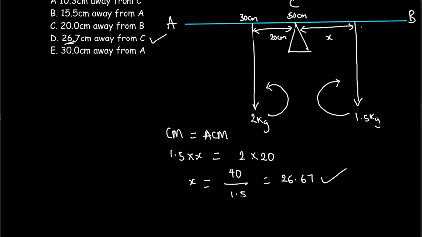Or we can say 50 minus 26.7, which is 23.3 cm away from point B, or as we have it, 26.67 cm or 26.7 cm away from point C. That's the correct answer.